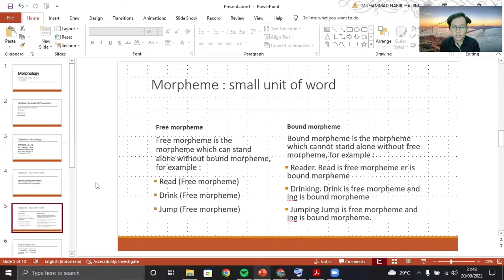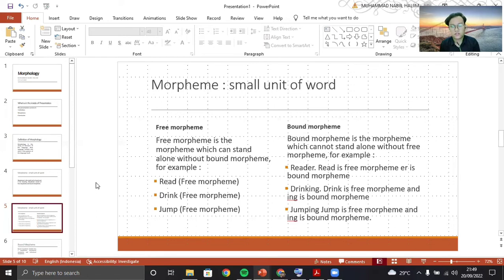It cannot stand alone because you need to create it with another word, and it could be matched. And that's what I said. That is the free morpheme and the bound morpheme. So next, jumping. Jump is the free morpheme and ing is the bound morpheme.